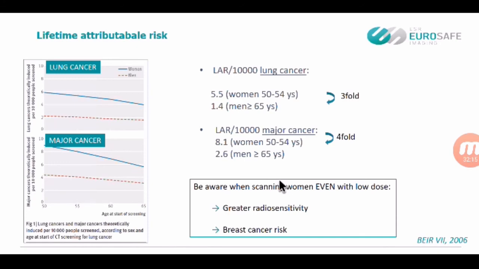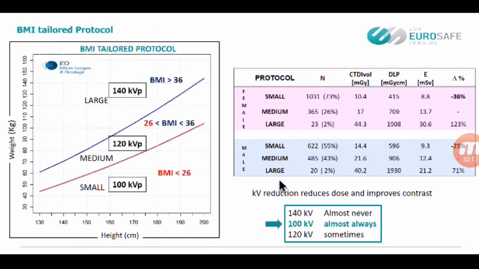And then last, I would like to show you a BMI-tailored protocol which we have proposed at our institute. We have trained radiographers to choose between 3 different CT protocols with 3 different kV, not only, but the main differences are kV for small, medium, and large, and with 3 different BMI.